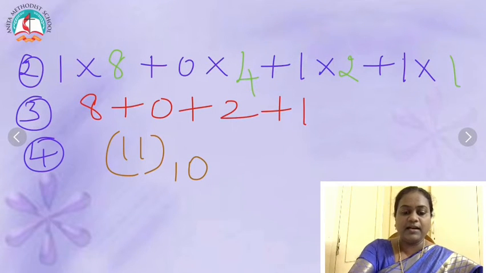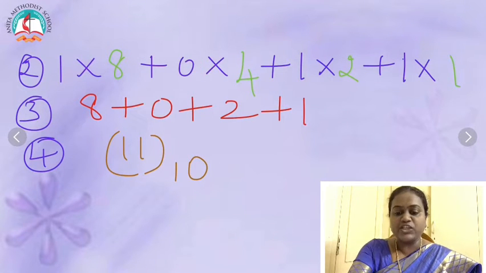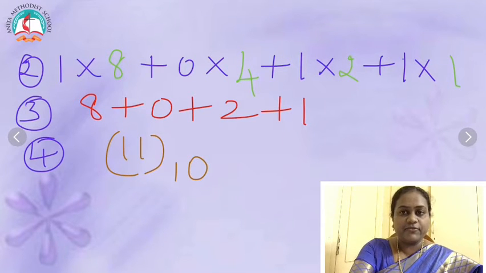Can you see here? Now I multiply: 1 into 8 is 8, 0 into 4 is 0, 1 into 2 is 2 and 1 into 1 is 1. Fourth step, I add everything. 8 plus 0 plus 2 plus 1 gives me 11. So this is the decimal value.